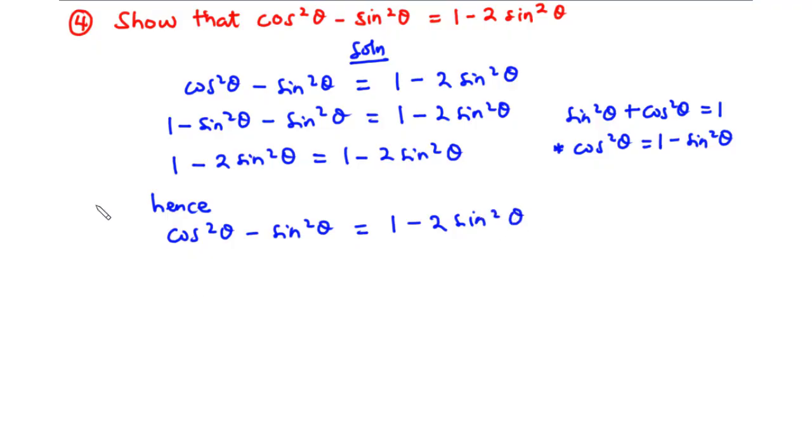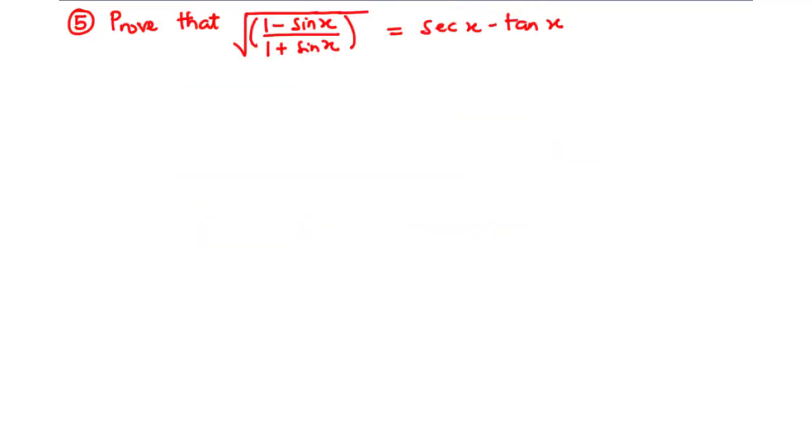Now to the very last question. Question 5. Prove that the square root of 1 minus sin x over 1 plus sin x is equal to sec x minus tan x.